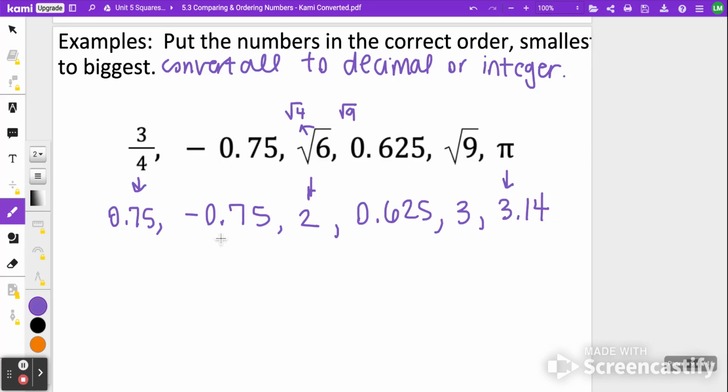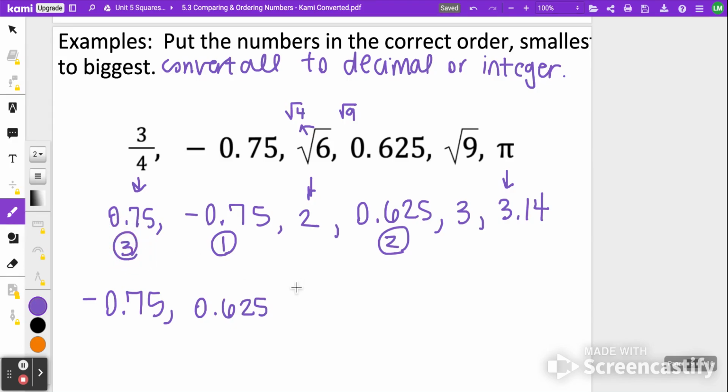The first thing that is smallest is this negative 0.75, which in original form is still negative 0.75. Next up, we would look at our decimals, and we would see that this 0.625 is the next one, which is still a decimal. Following 0.625, we have 0.75, but original form is 3/4.